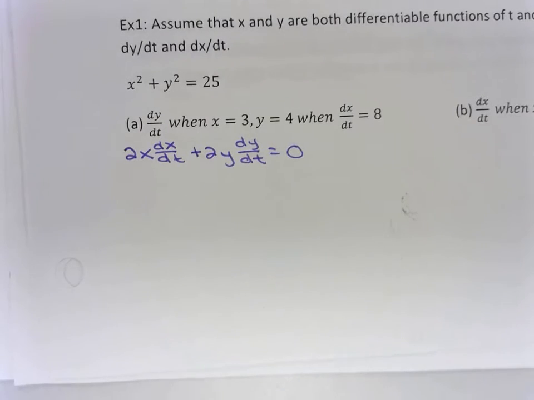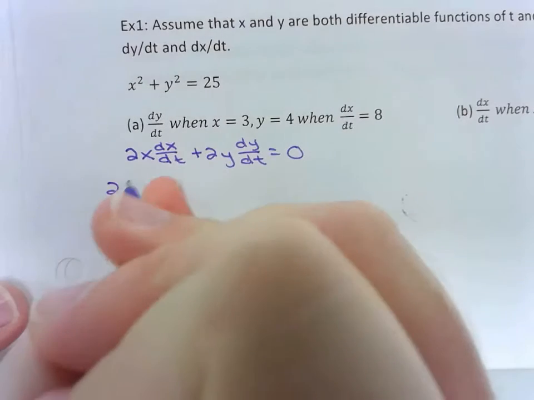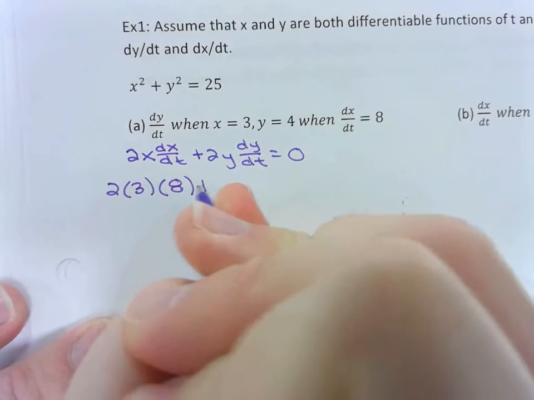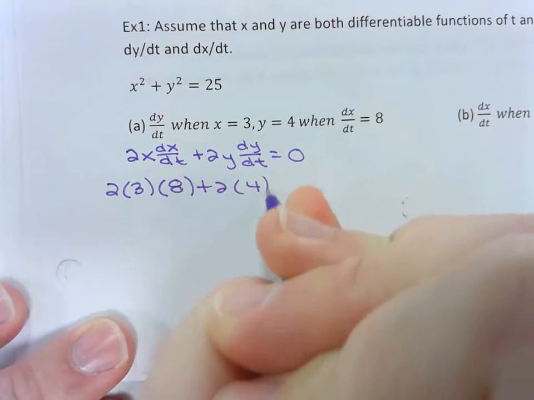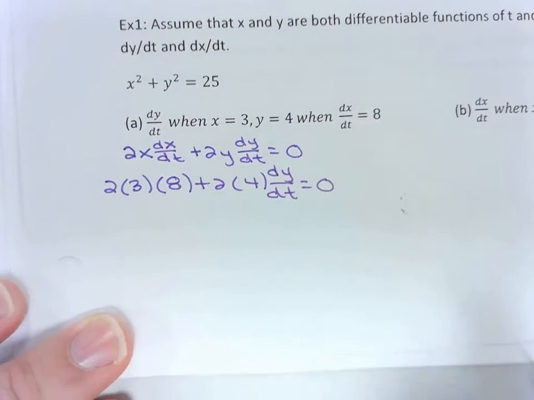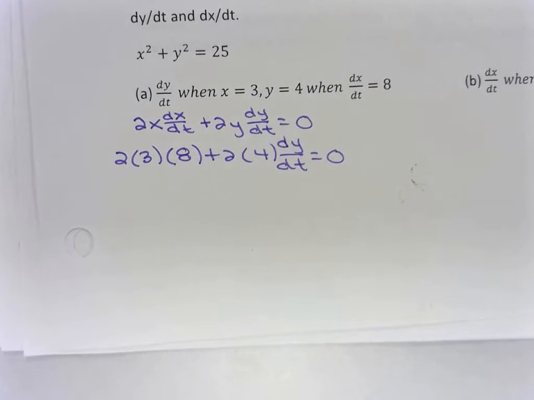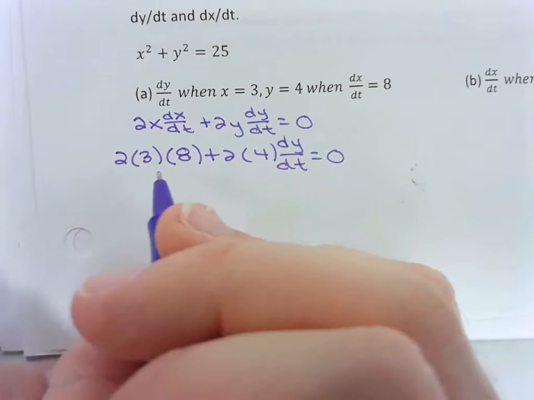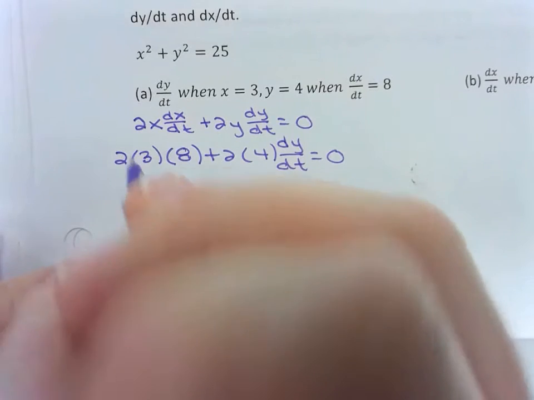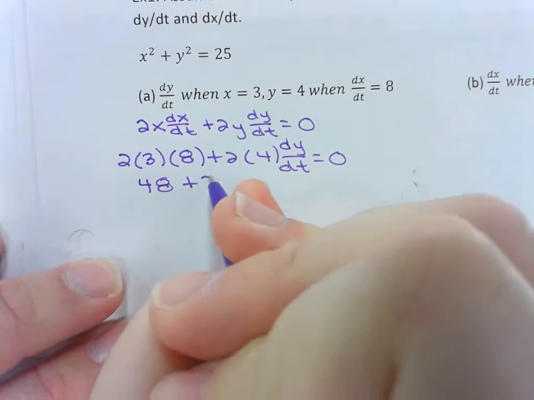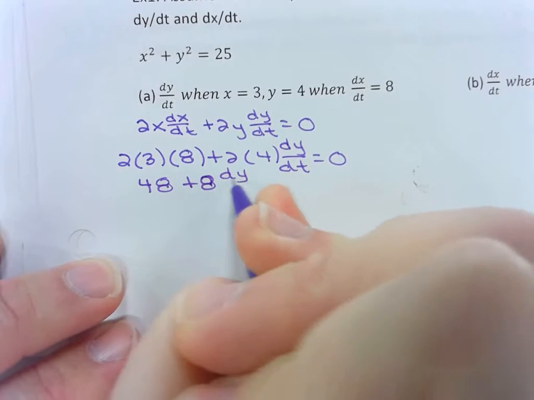All you do is plug it in. So 2 times x is 3, dx dt is 8, plus 2 times y is 4, and I want to find dy dt. And then you just solve this for dy dt. So this would be 2 times 3, 6 times 8 is 48, plus 8 dy dt.